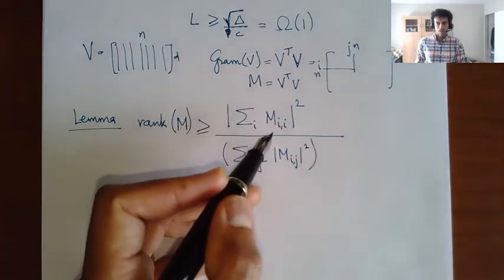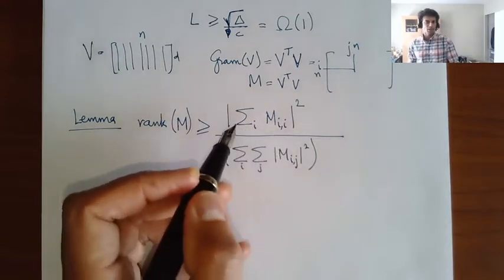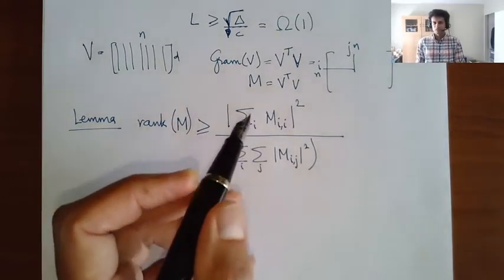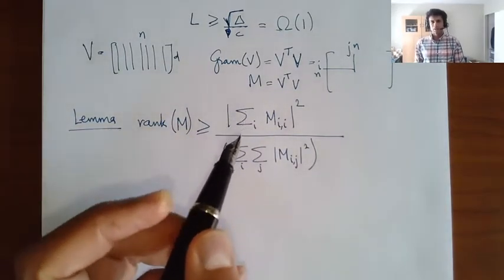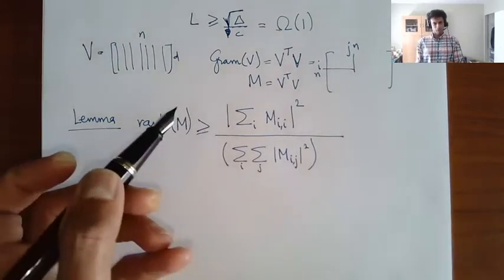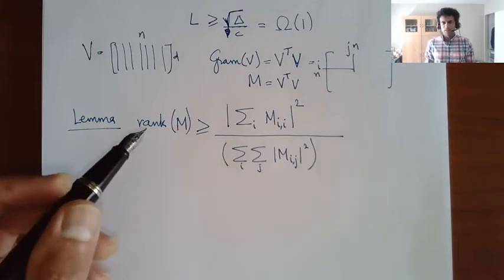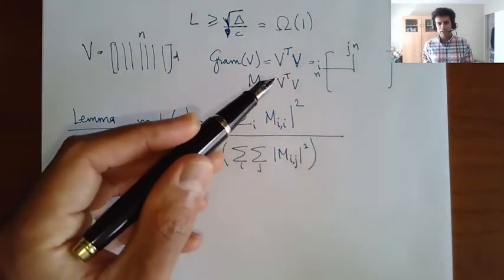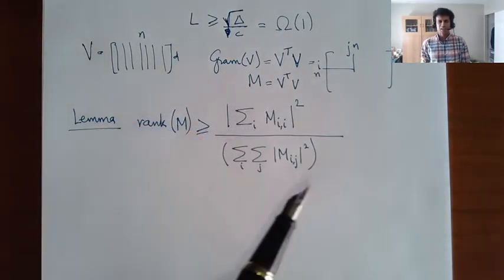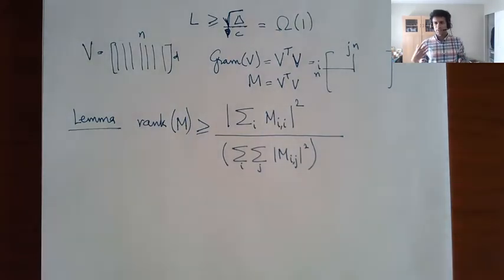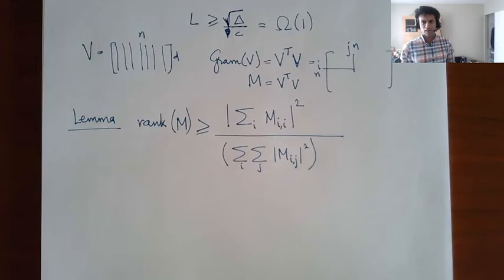The sum of the diagonal is essentially the trace of the matrix. So this is the trace squared divided by the Frobenius norm squared. You can derive this inequality using Cauchy-Schwarz on the list of eigenvalues if they exist. In this case, they do exist. In general, even if eigenvalues don't exist, you can use the singular values and derive this bound.